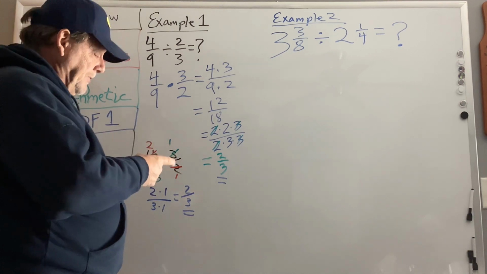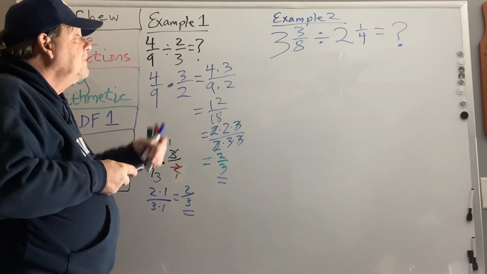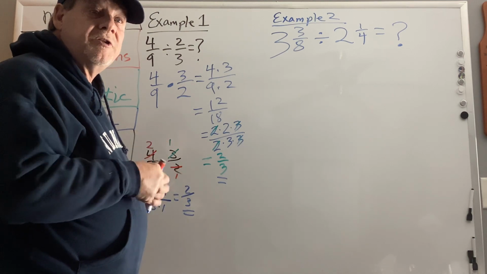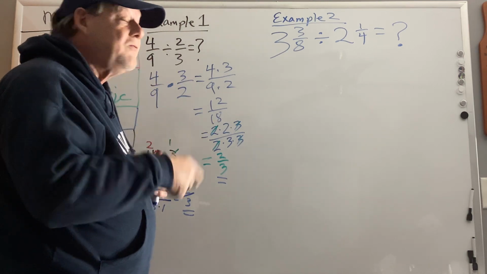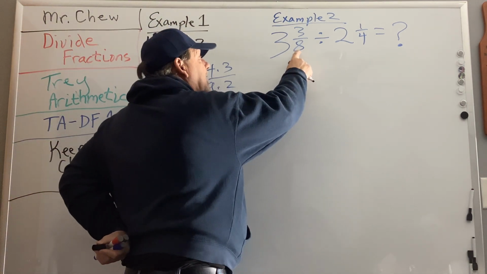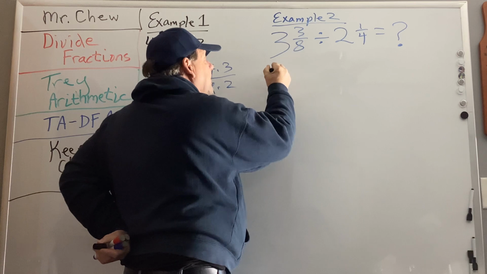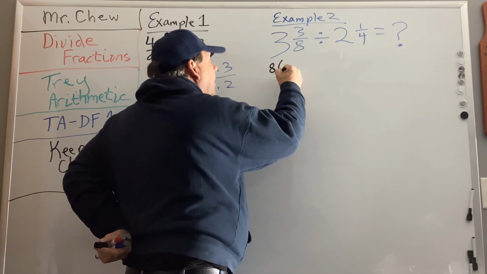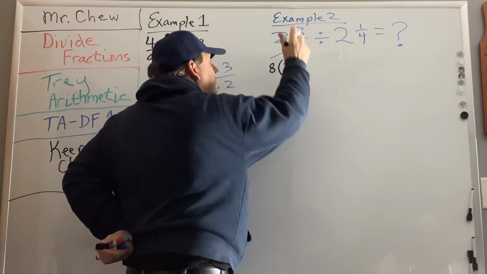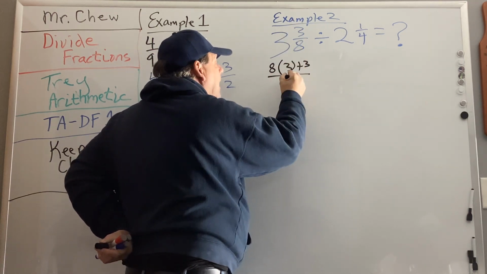In example 2, anytime you have mixed numbers and you're dividing, you have to convert them to improper fractions. That is the very first thing you have to do. And the way you do that, you multiply the denominator times the whole number plus the numerator. So that's 8 times 3 plus 3, all over the denominator.